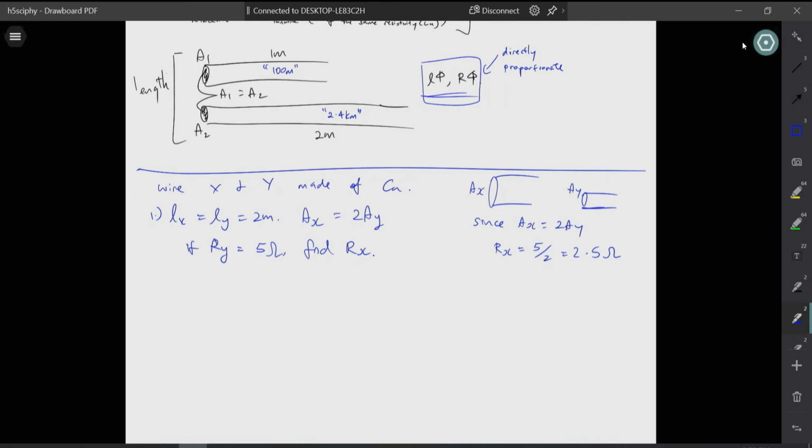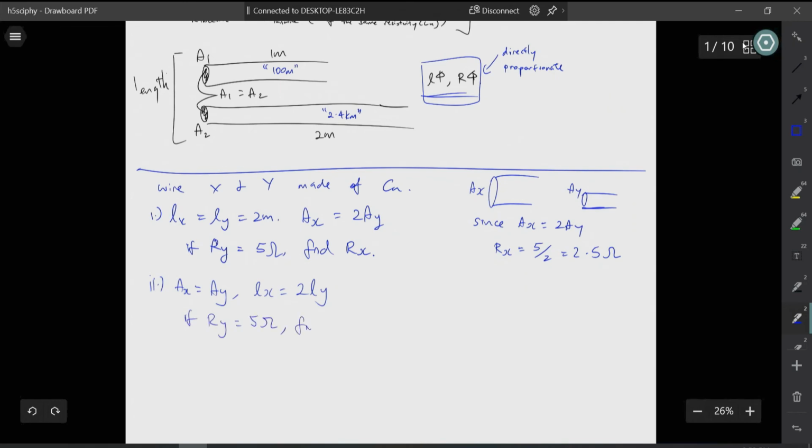Now scenario number 2, what if my area is the same, so Ax equals Ay, but my length is different, so that I have Lx equals 2Ly. If Ry equals 5 ohm, find Rx. This is another scenario. I'll use another ink to draw the wires. First I have the same area, but one is longer.